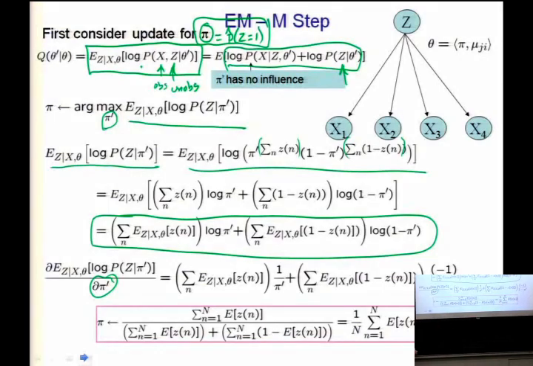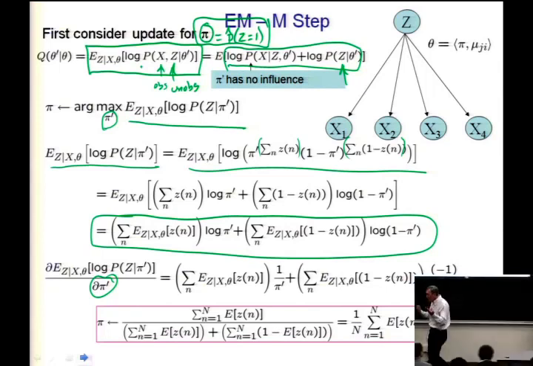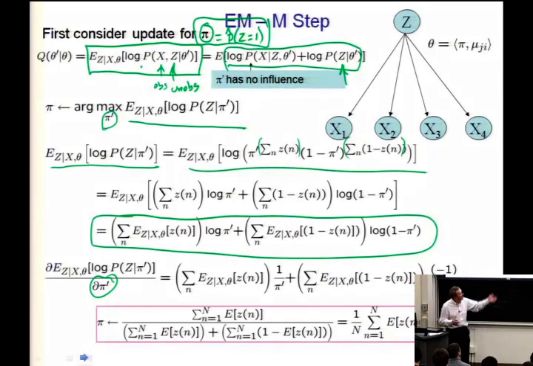Whereas recall our old MLE estimate for a coin flip looked like this, except here we just had the count, the number of times it turned out being 1, instead of the probability mass associated with z equals 1. So a very intuitive result, although the derivation is a little bit full of symbols.